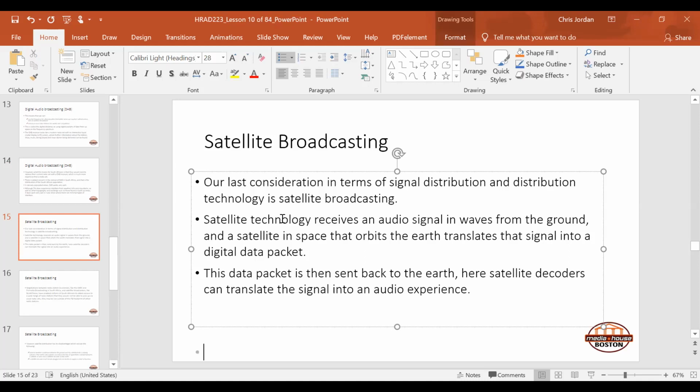Our last consideration in terms of signal distribution is obviously satellite. Again, as I mentioned before, DSTV here is considered satellite transmission broadcasting. Satellite technology receives an audio signal in waves from the ground and then orbits the Earth, translates that signal into a digital packet, and then we get that on our decoder.